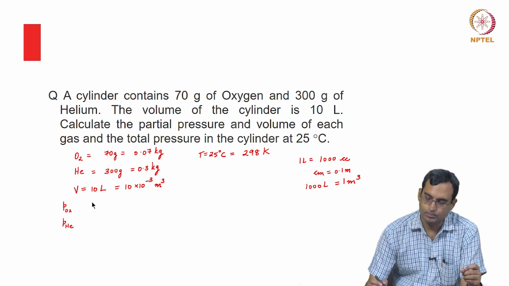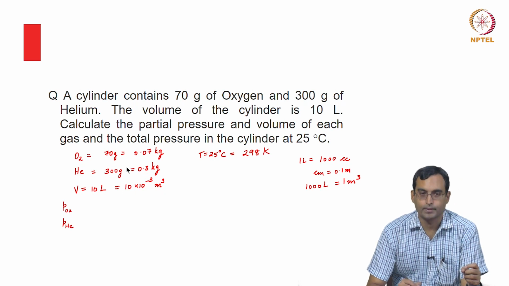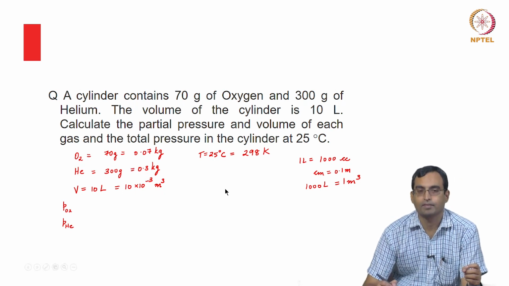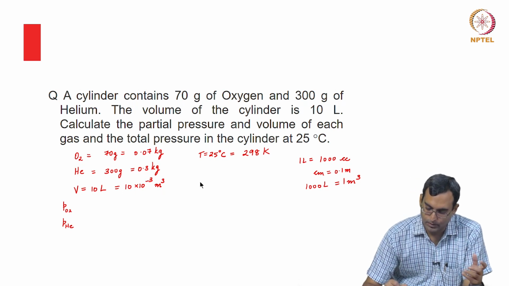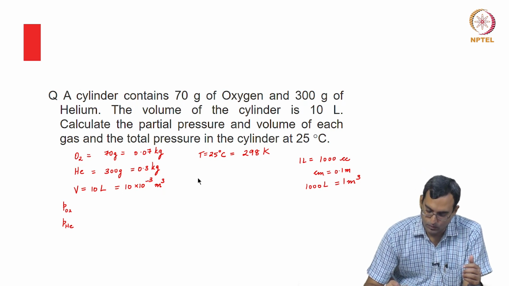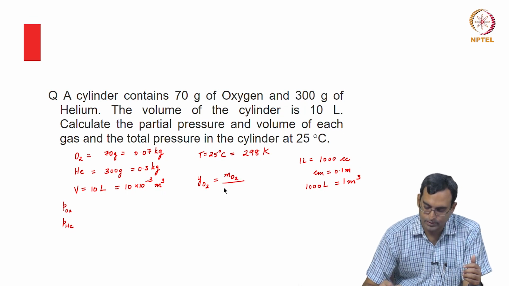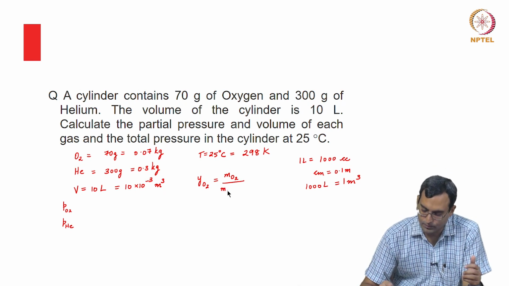So, the total volume of the cylinder is given. I know the mass of each of the components. What I can do is find out the mass fractions of each of the components. I am going to use the alphabet Y to denote the mass fraction. So, mass fraction of O2 is mass of O2 divided by total mass. There are only two components here, so it is essentially mass of O2 plus mass of helium.